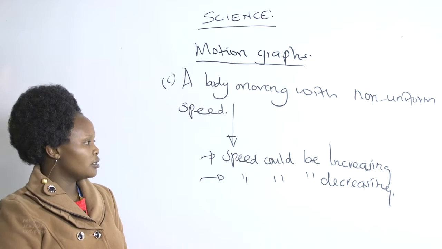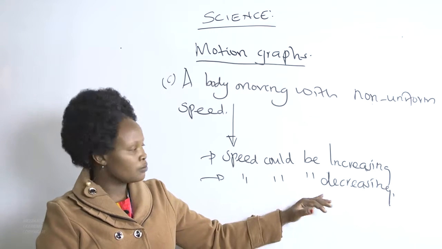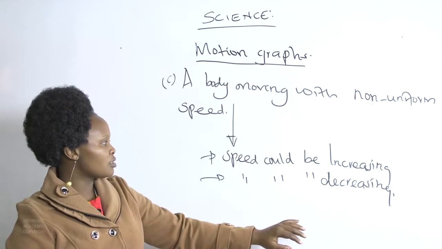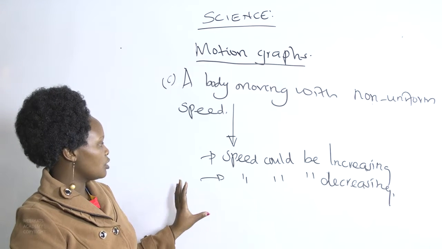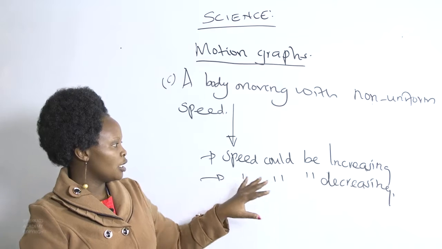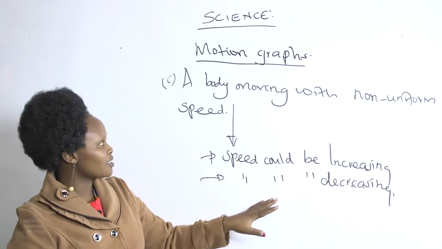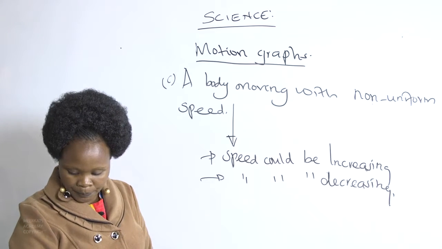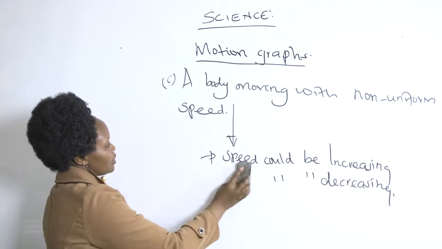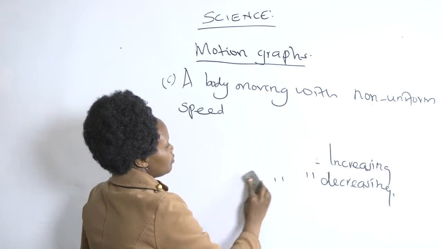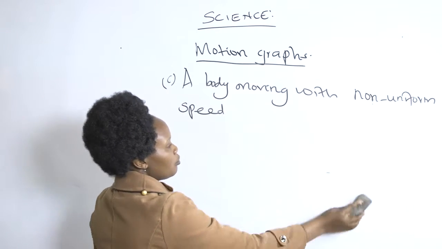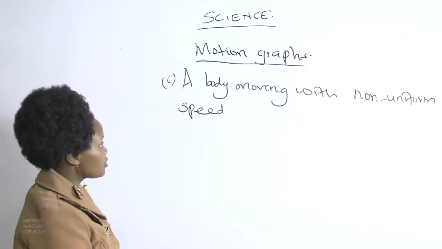Now we can show this graphically, and this means that at equal intervals of time, this body covers a distance that is not equal.